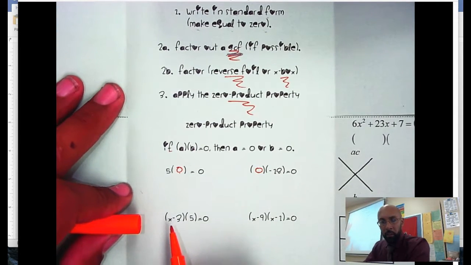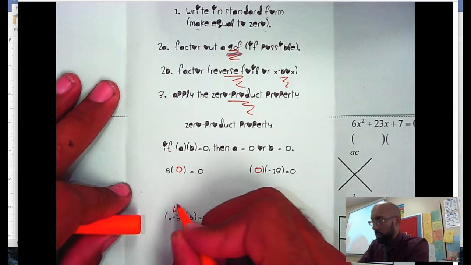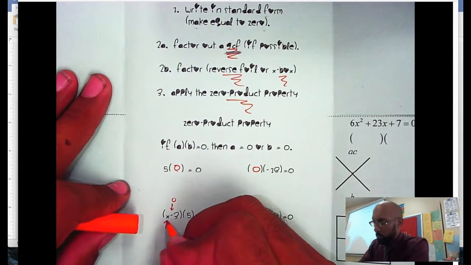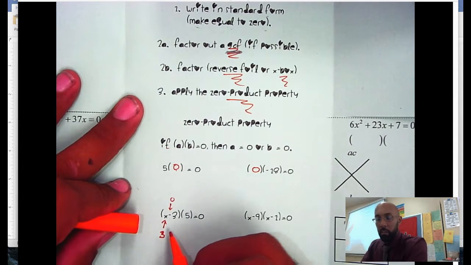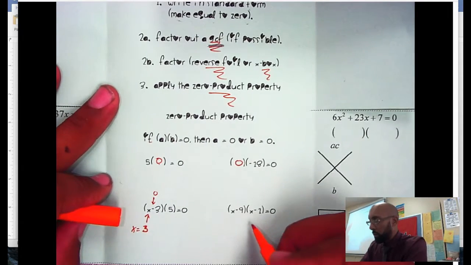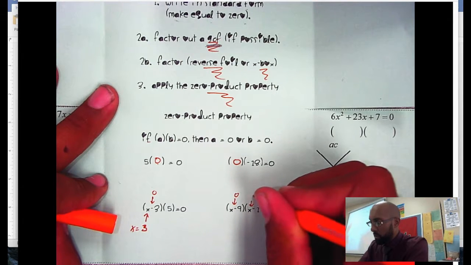So down here, what number would I plug in for x to make this equal 0? So in other words, this has to equal 0. So what minus 3 equals 0? 3. So the solution would be x is equal to 3. Okay, so how about here? Well, here I want either this to be 0 or this to be 0.